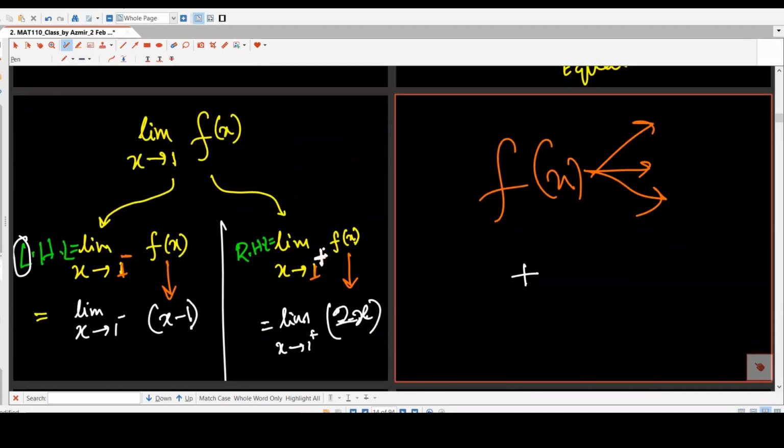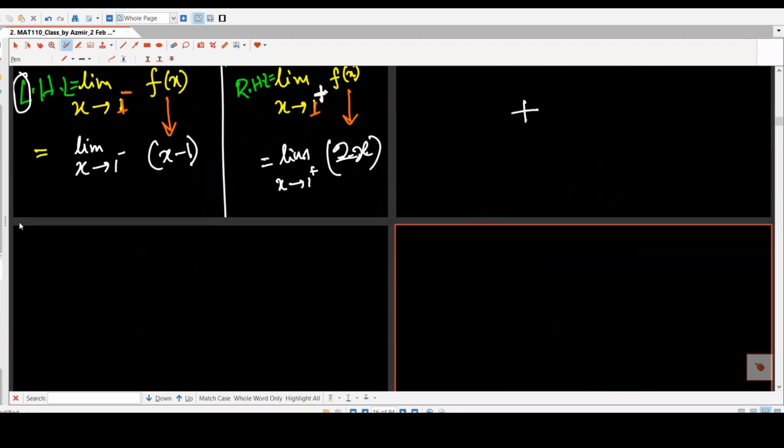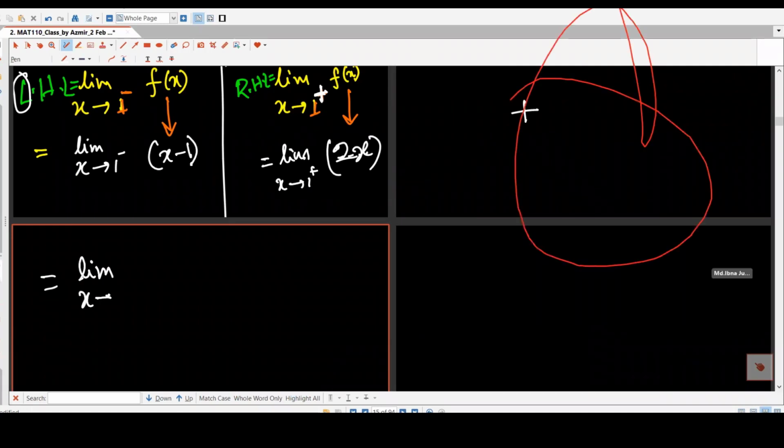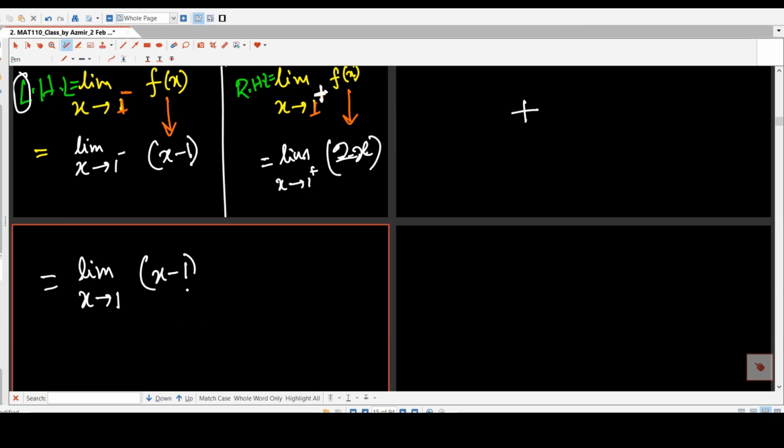Now, you can easily understand that this minus and plus are nothing but the directions. So we can easily drop this minus and plus sign. So actually we have limit x tends to 1 and the same function x minus 1. See, I have now dropped this minus sign. I have not written minus here. So this is what we have to do while evaluating the left-hand limit and right-hand limit.